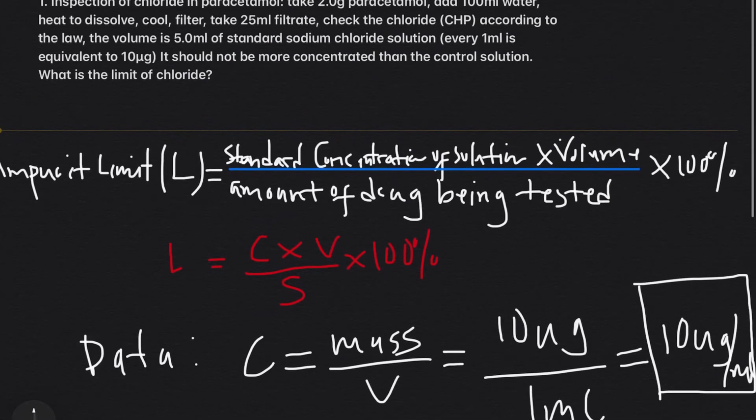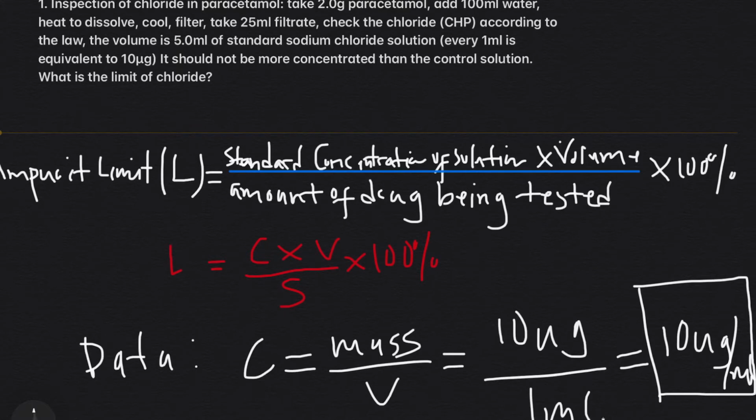As we can see from the question, 2 grams of paracetamol was completely dissolved in 100 millimeters of water. However, we did not test the whole amount of the drug which was dissolved in water.